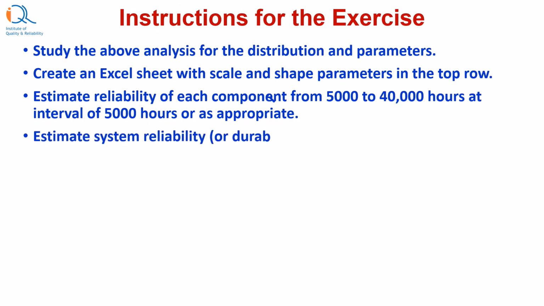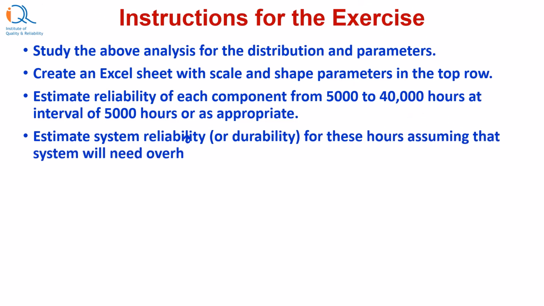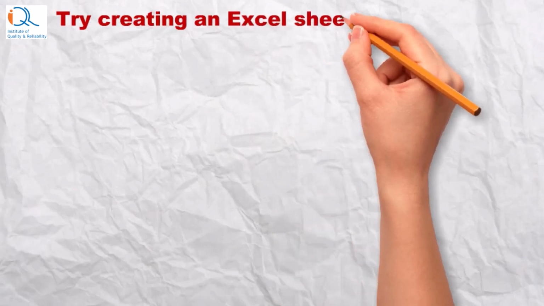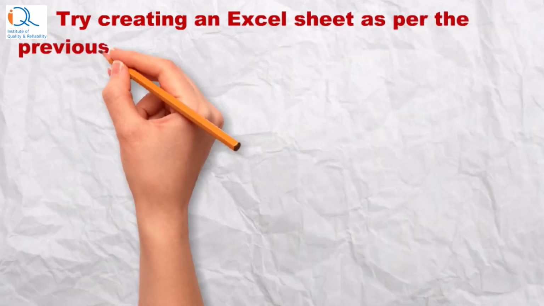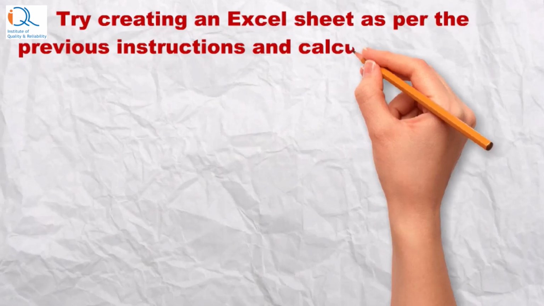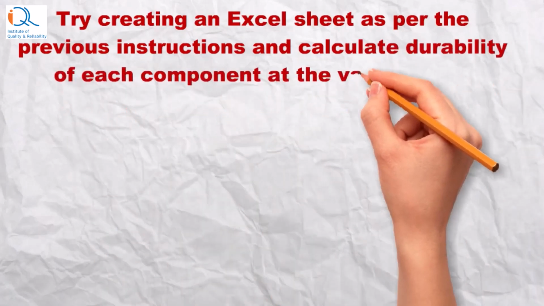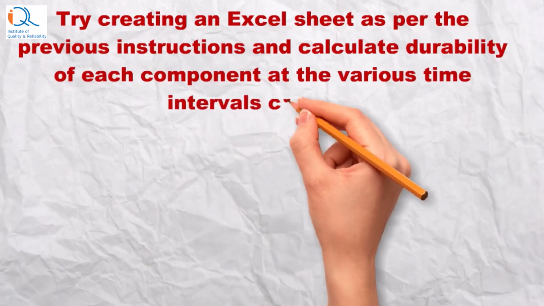Estimate system reliability or durability for these hours, assuming that the system will need overhaul if any of the above 6 components fail. Now try creating an Excel sheet as per the previous instructions and calculate durability of each component at the various time intervals created.